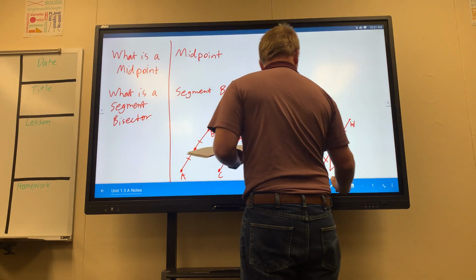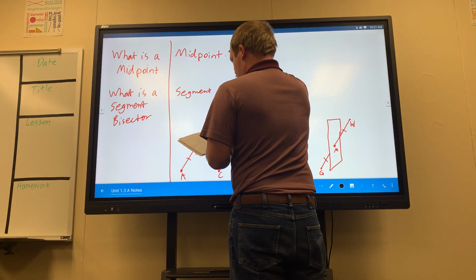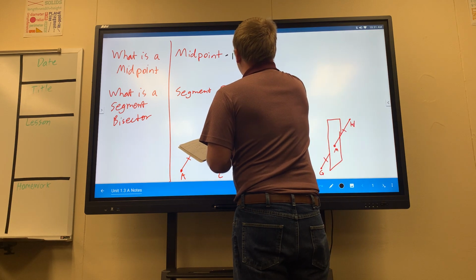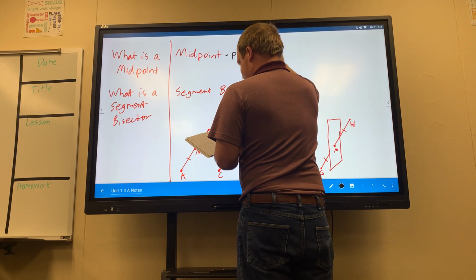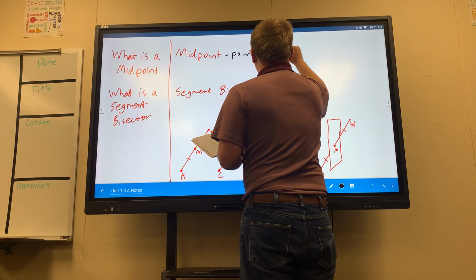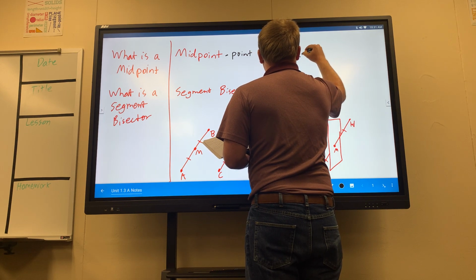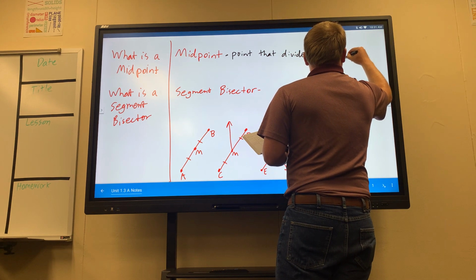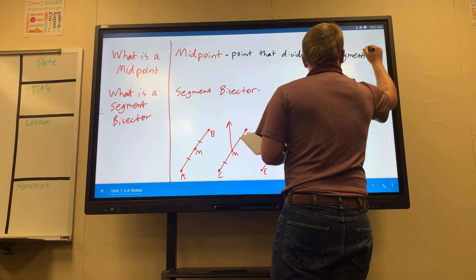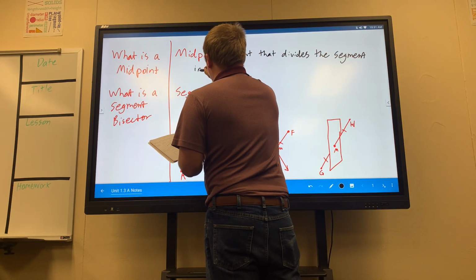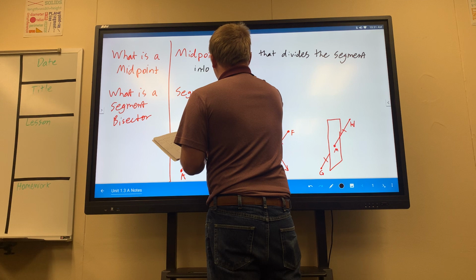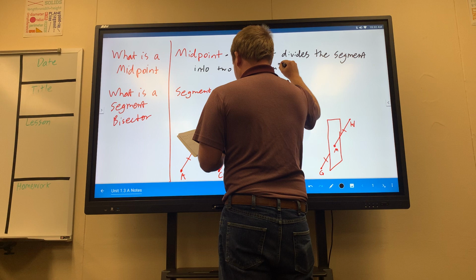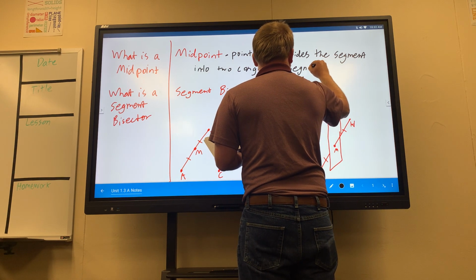Well, the midpoint is a point that divides the segment into two congruent segments.